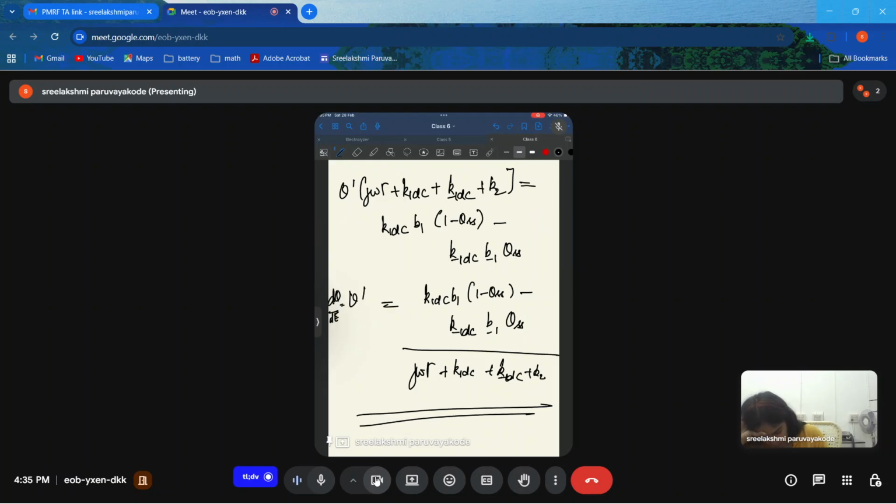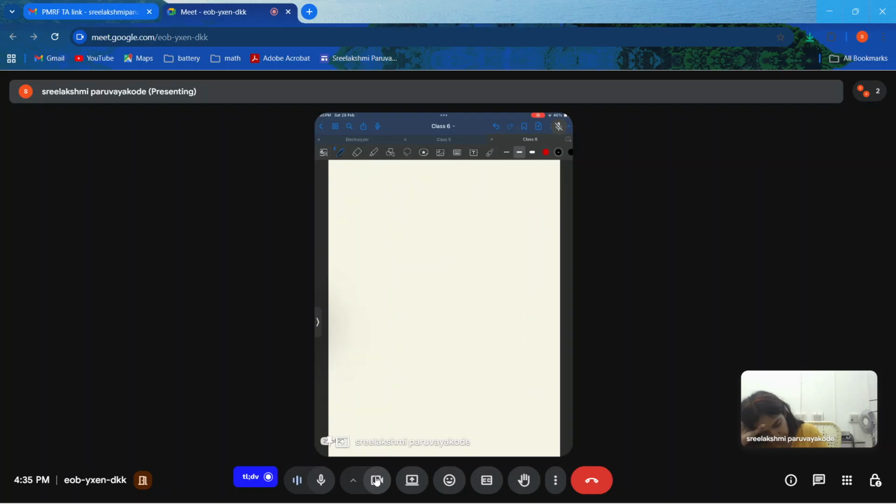Now what is the expression for Z dash? So first you have to write the IF. IF is F times K1 (1 minus theta) minus K minus 1 theta.